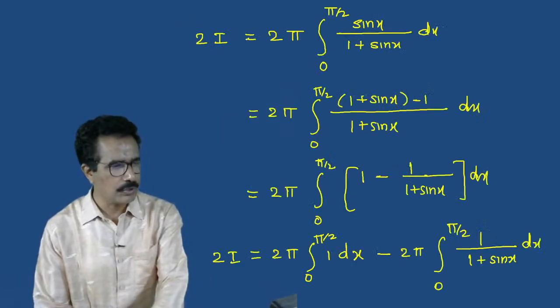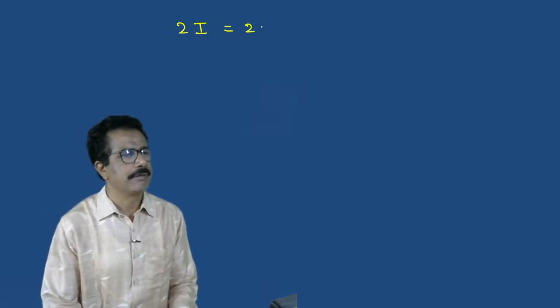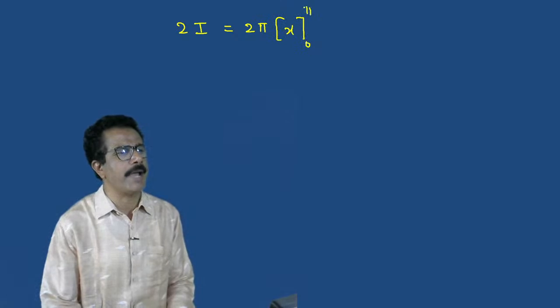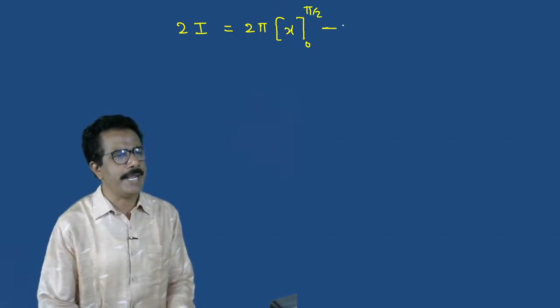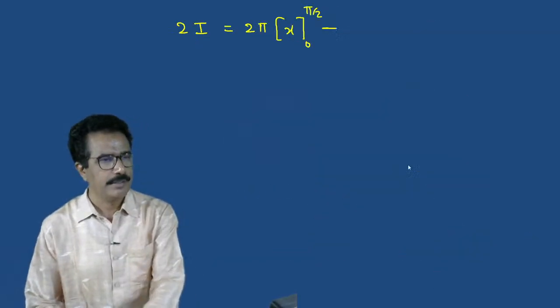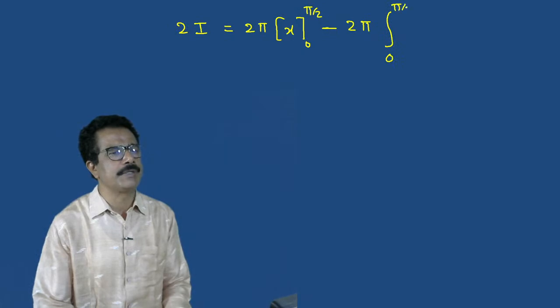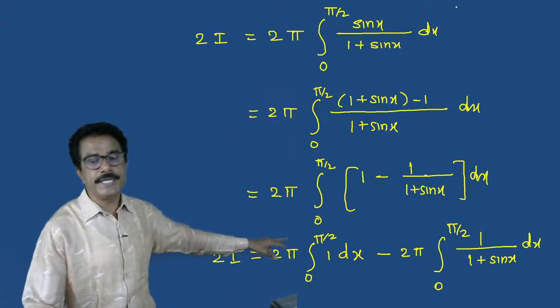So 2i will be, इथं काय येतं पहा, 2 pi into the integration of 1, x from 0 to pi by 2, minus 2 pi into integral from 0 to pi by 2, 1 upon 1 plus sin x dx. आता याला प्रॉपर्टी नंबर 4 यूज करू.